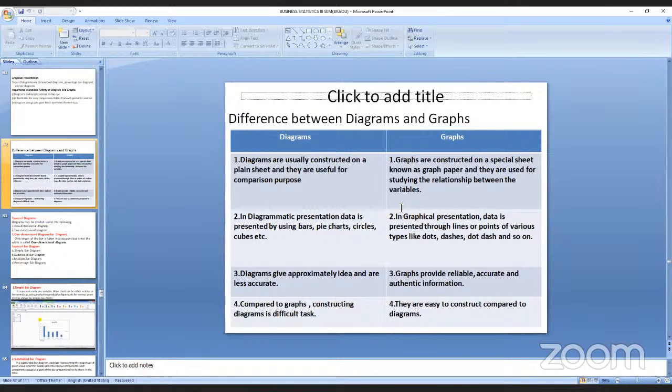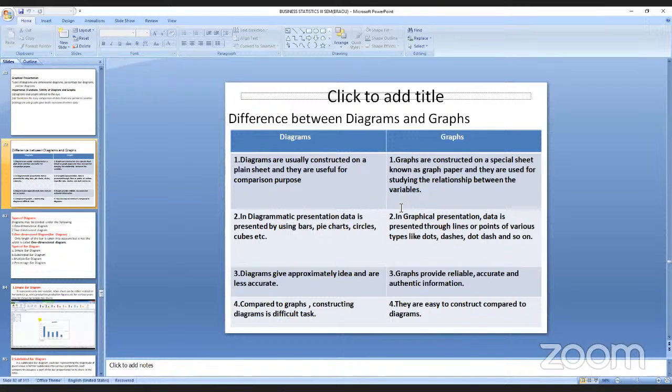But graph provides reliable, accurate, and authentic information. Even in Kaun Banega Karodpati, in many programs, they say yes or no. They show that graph extension. If it is a no, it is a red light. If it is yes, it is a green light. Is it?